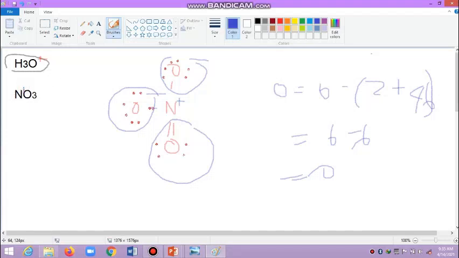So N plus, and NO3 2 negative. Okay? So, ibig sabihin, dalawang oxygen ang may negative charges. So, that's how you write the formal charges of an atom in a molecule.